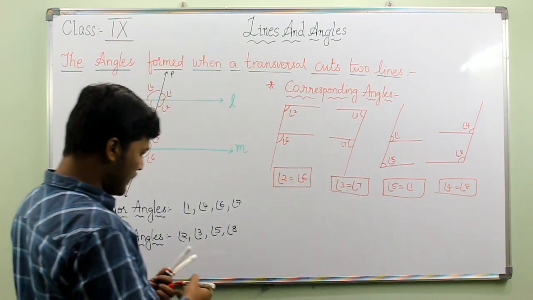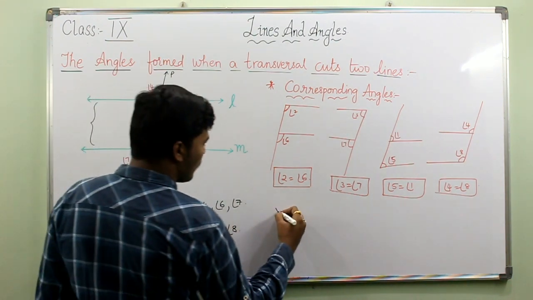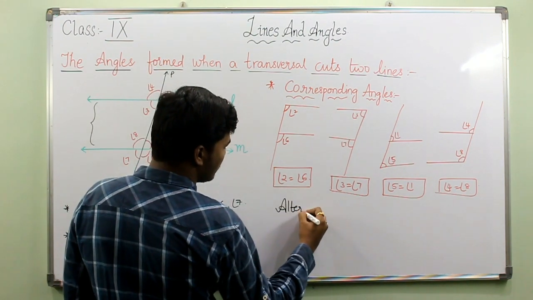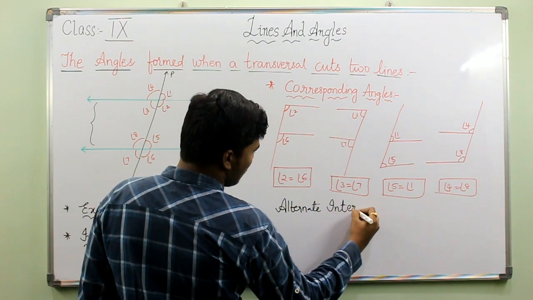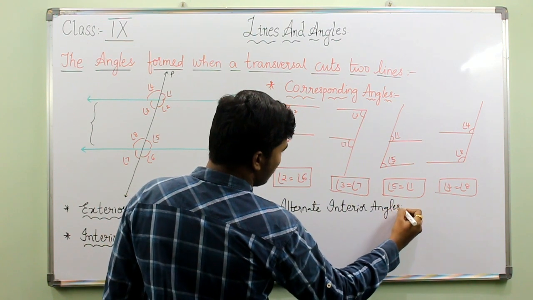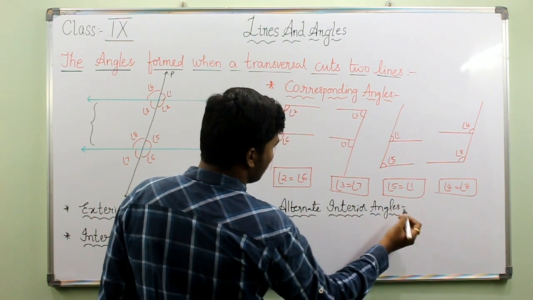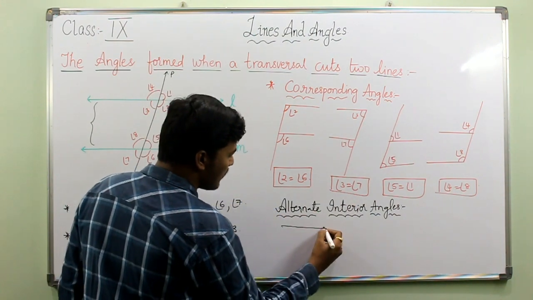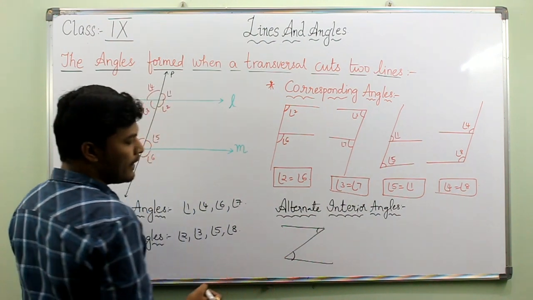Now let us discuss alternate interior angles. So what are these alternate interior angles? The angles formed in the shape of Z are called alternate interior angles.